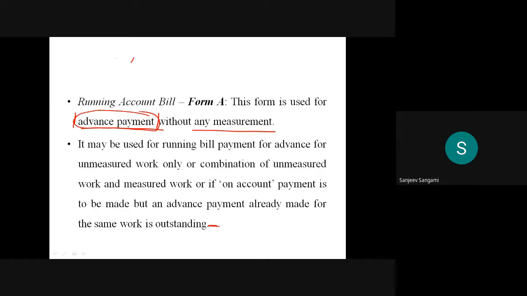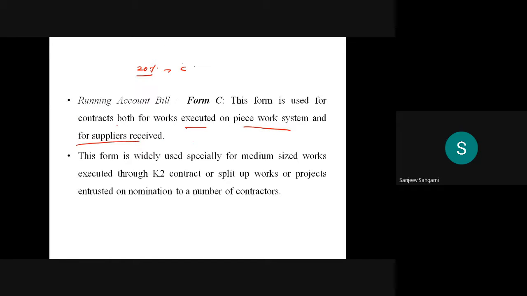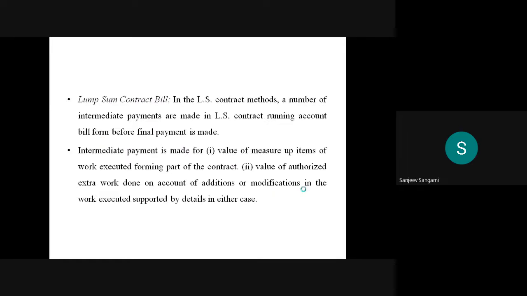For example, if it is 1 to 2% of EMD and 5 to 10% of your secure deposit, the advance payment will be made within this range only. Then this form is widely used, especially for the medium-sized works executed through the K2 contract or split up works, or the project entrusted on nomination to a number of contractors.